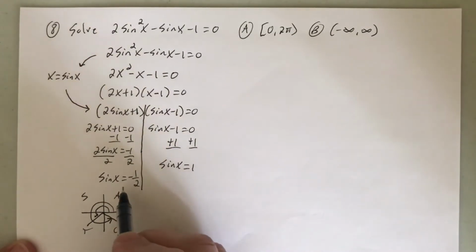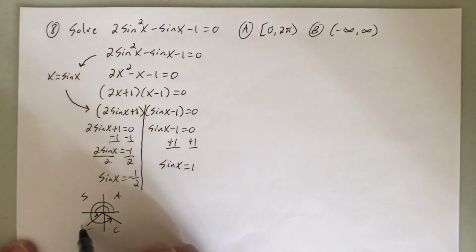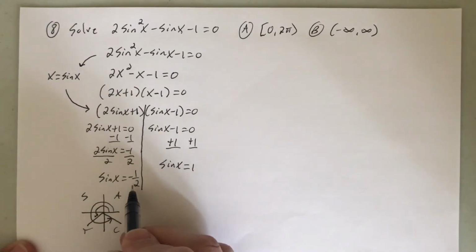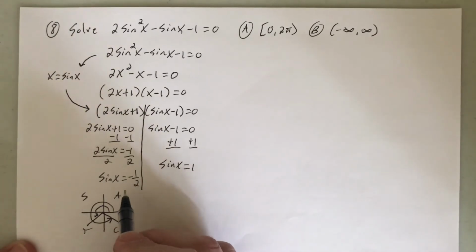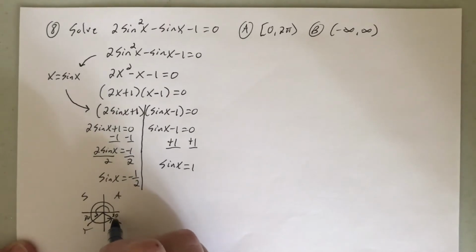You could either identify based on the unit circle, because this coordinate is a half, or negative a half, which is why it's negative in here. Or you could just take the inverse of both sides and get your reference angle. Either way, it's going to wind up being 30 degrees as your reference angle, from here to here and from here to here.